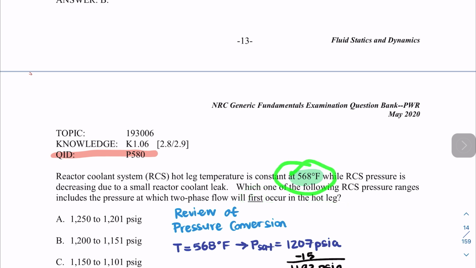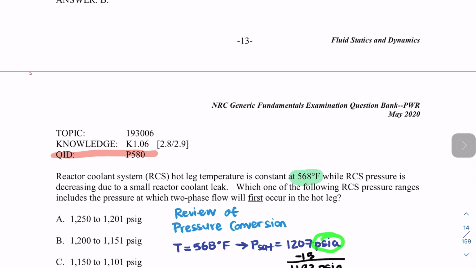Okay, since it's giving me the temperature, what I have to do now is go to my steam table, right? If the only thing that I'm given is a temperature, I can check my saturated pressure at this temperature, and that's gonna be 1207 psia, but it gives me the answer in psia.